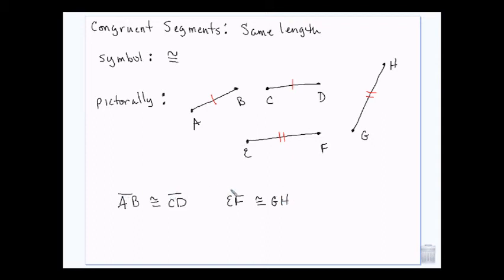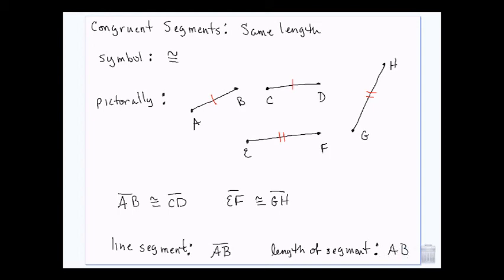Line segments, I forgot to go over that. If I'm talking about a line segment, that's line segment AB. The length of the segment is AB with nothing over top of it.